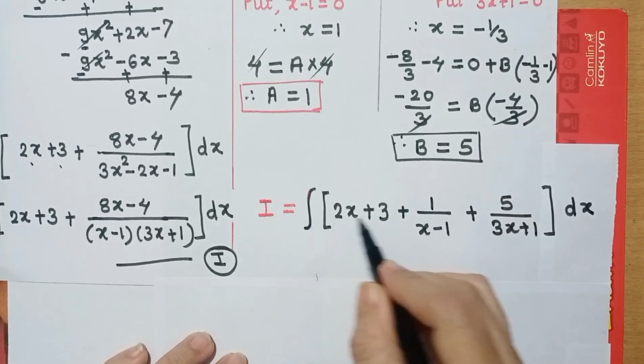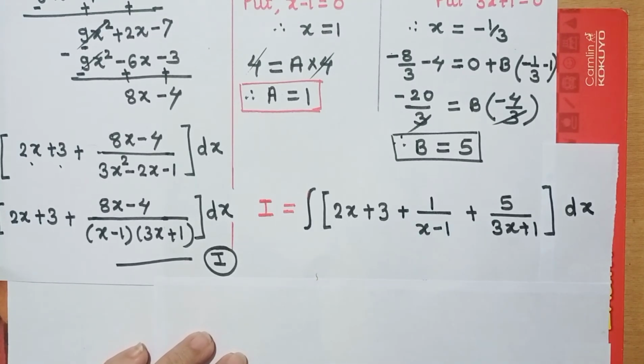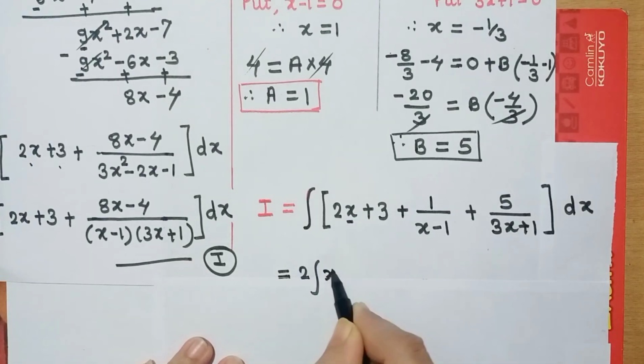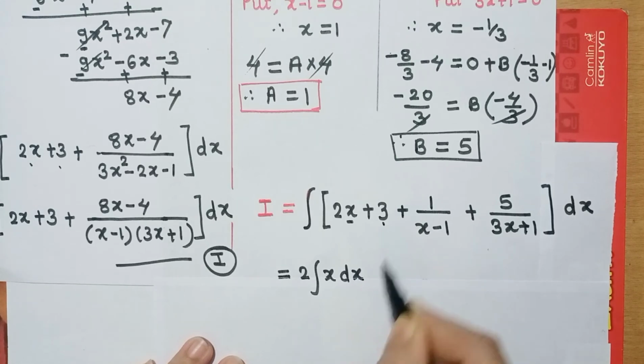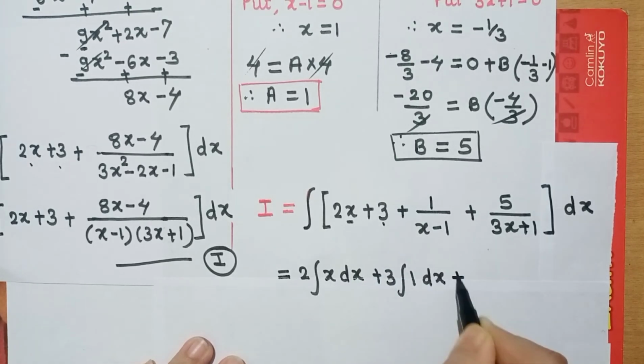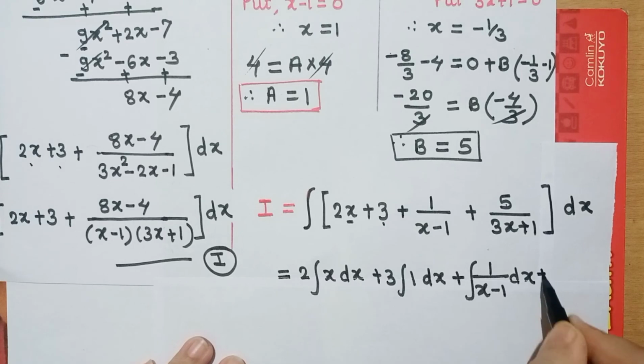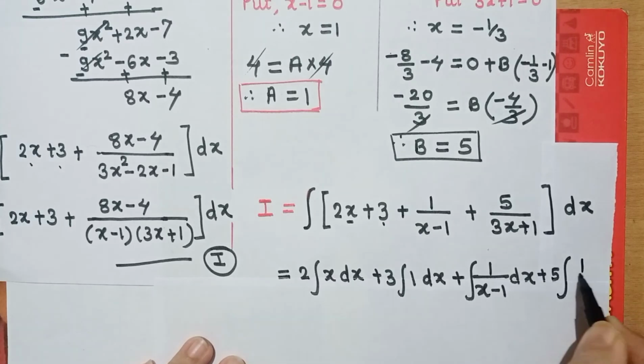Now we will write this integration symbol separately. So here again 2 integration of this x dx. Here only constant, so 3 integration 1 dx. Now here integration 1 upon x minus 1 into dx, and here take this 5 out and integration 1 upon this.